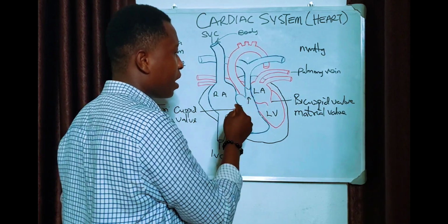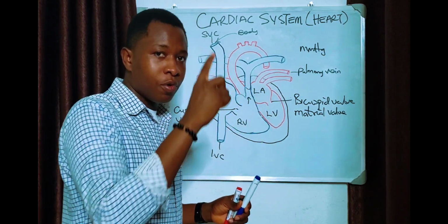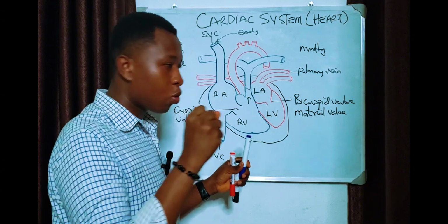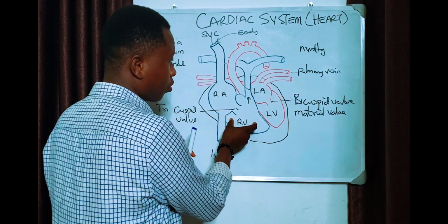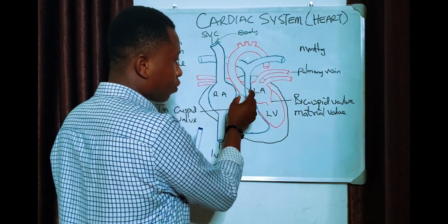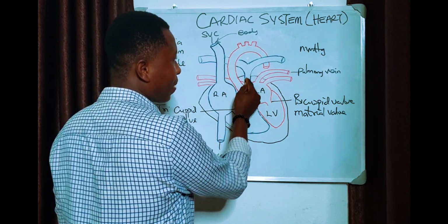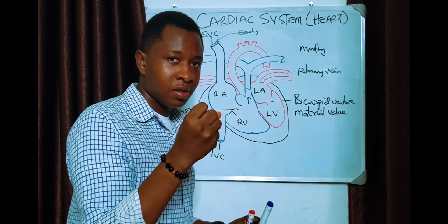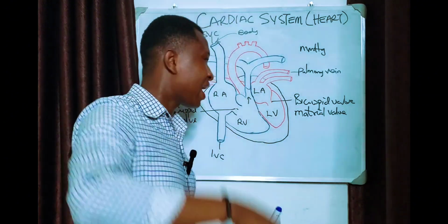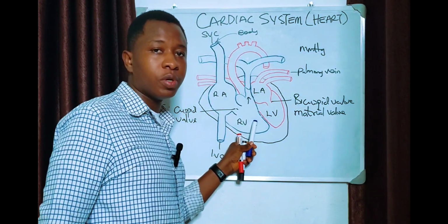Now, that valve helps to prevent backflow. So when the blood goes from the right ventricle up, this valve opens and allows the blood to go. And when the blood passes, the valve closes, right? So that the blood doesn't go back into the right ventricle.